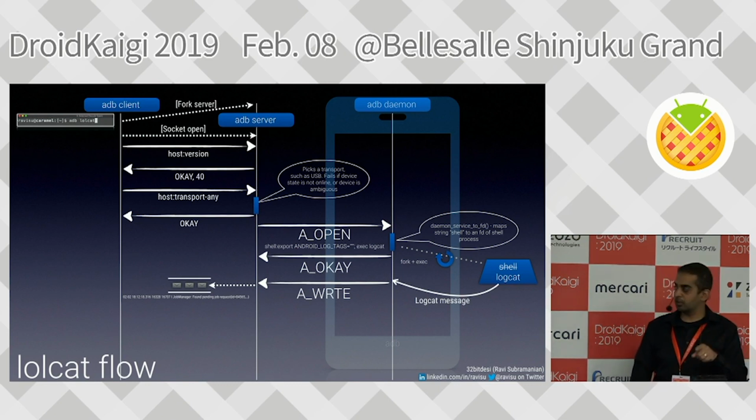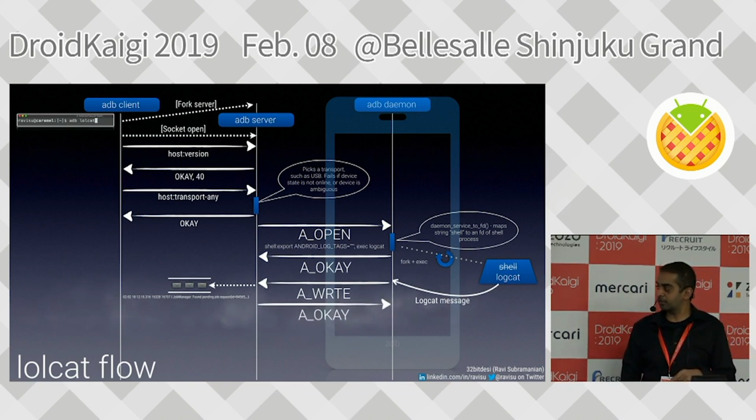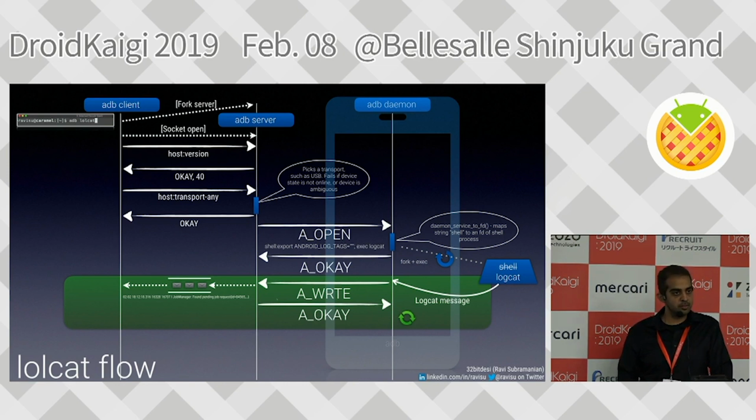That queue of messages is being pumped on a separate thread. So it just writes the message to the queue and then immediately says A_OKAY back to the daemon. This is kind of like a flow control mechanism. And now the server takes every one of those messages and sends them over the local socket back to the client.